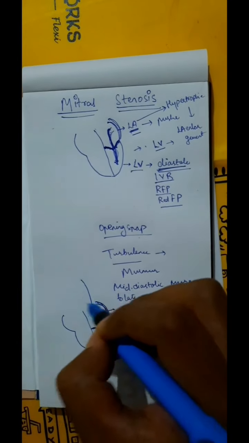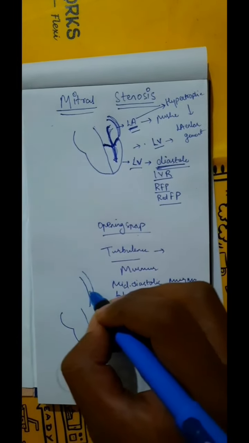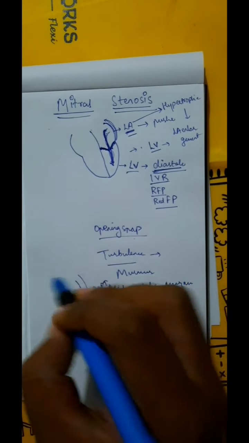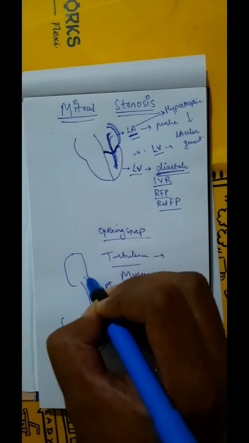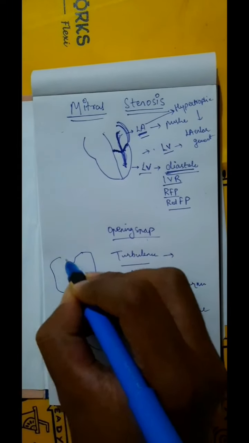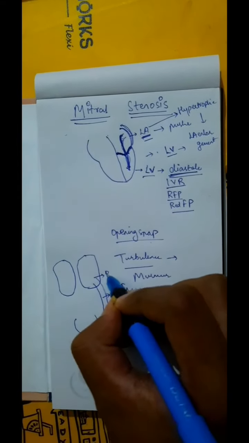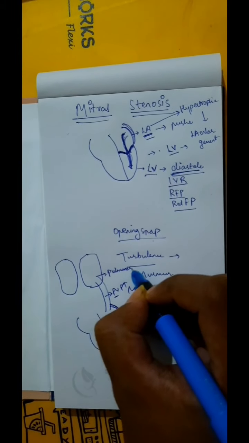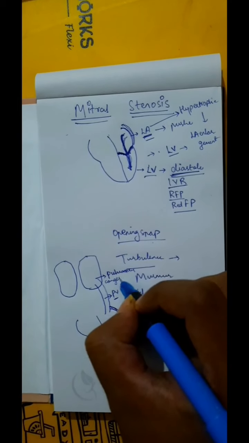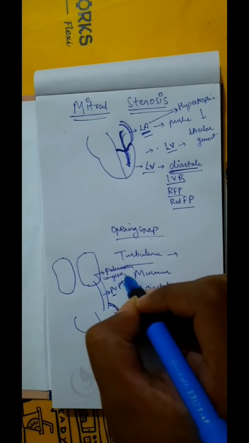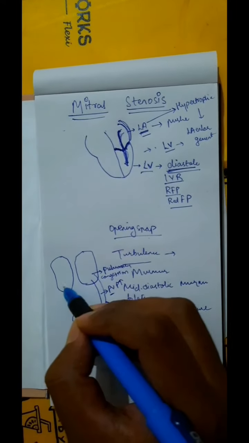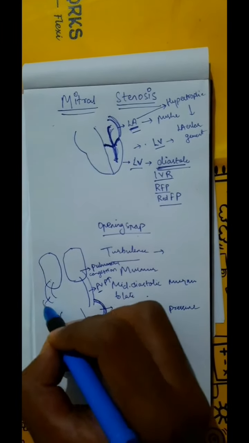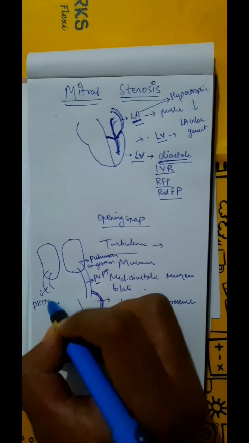Due to this increase in left atrial pressure, pulmonary venous pressure is also increased, and there will be pulmonary congestion. There will be congestion in the lungs. Due to congestion in the lungs, there will be pulmonary hypertension.